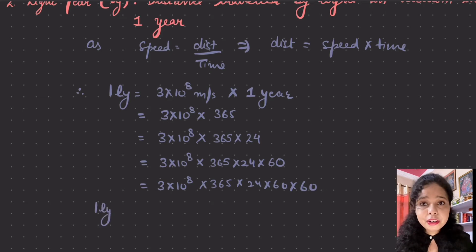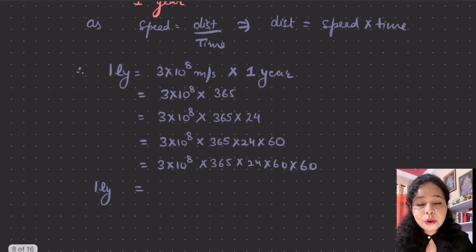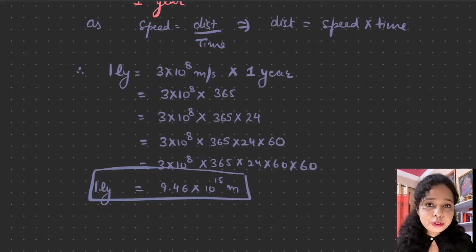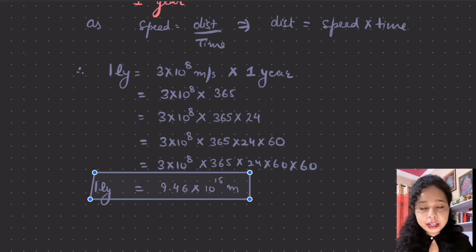Already speed is given as 3 into 10 raised to power 8 meter per second. So now after solving all these terms, we are left with 1 light year is equal to 9.46 into 10 raised to power 15 meter. So this is the value of 1 light year, that is 9.46 into 10 raised to power 15 meter.